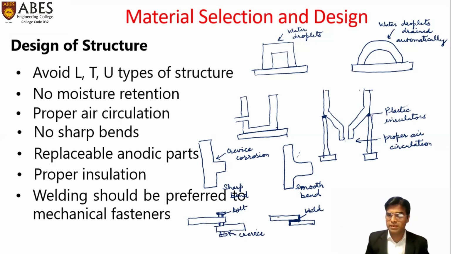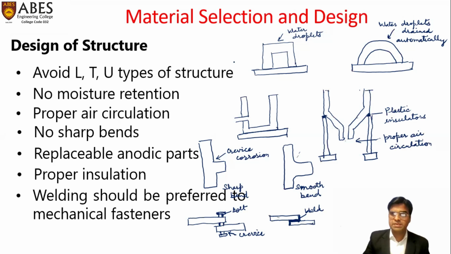So in case of welding, there is no crevice formed, and because of the absence of crevice, the crevice corrosion will not occur here. So welding is preferred to the mechanical fasteners.